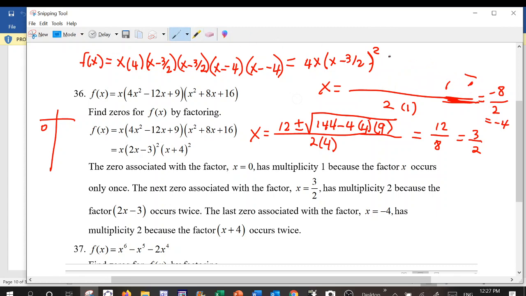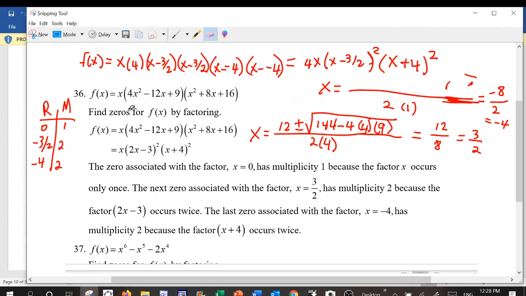And then we have x minus negative 4 is actually x plus 4 squared. So we got 0, we got negative 3 halves, and we have what? Negative 4. And what are the multiplicities? Well, for 0 is 1, for this one is 2, and for this one is 2.